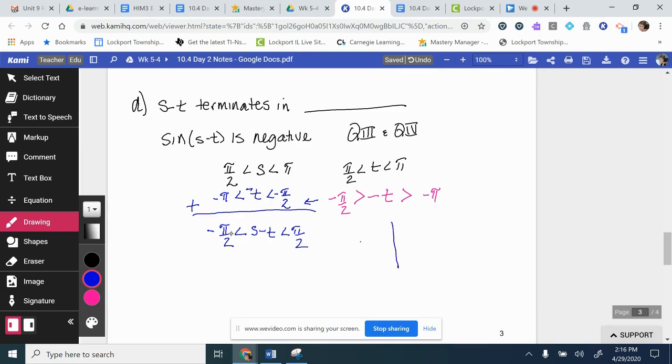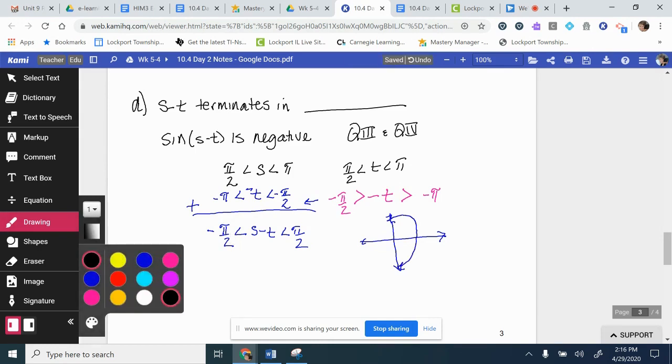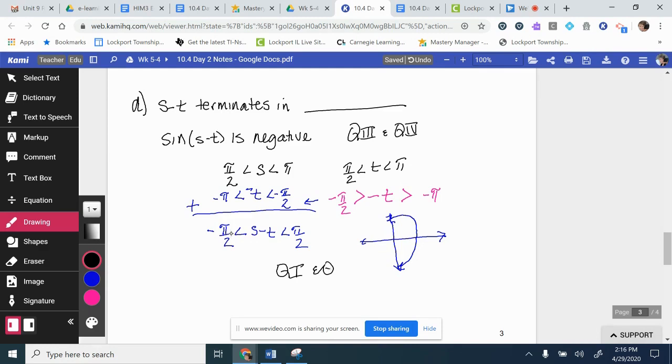So if we just think about where that is, that would be me rotating up to here or down to here. So my two quadrants that are in play this time are quadrants 1 and 4. And the one that is repeated, how we can satisfy both conditions, is only going to happen in quadrant 4.